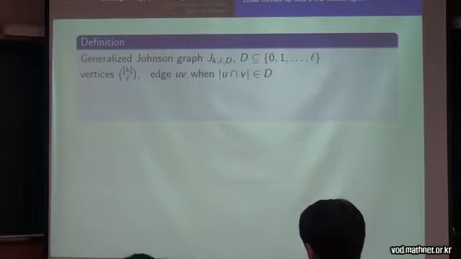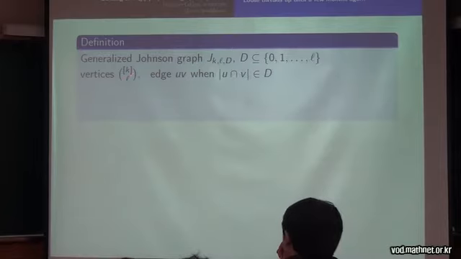This is a sequence of graphs called generalized Johnson graphs, where the vertices are subsets of 1 up to k of size l. So these are l-subsets of this set. And you have an edge whenever the intersection of those two sets has a certain size. So you're specifying which sizes you like.